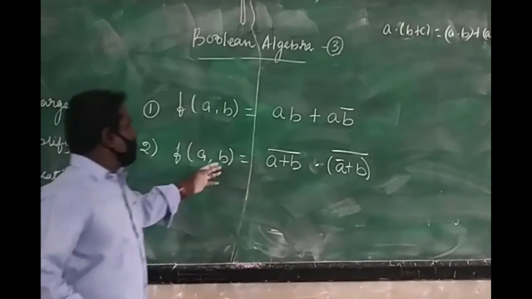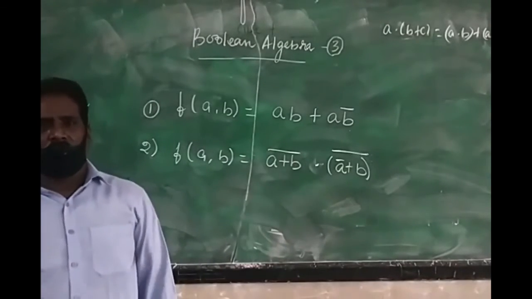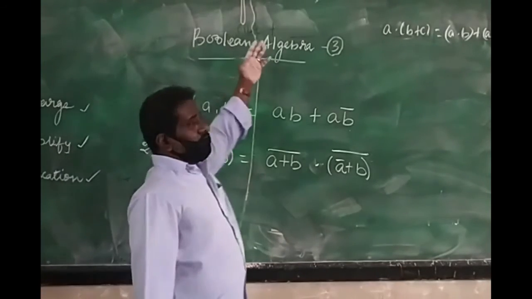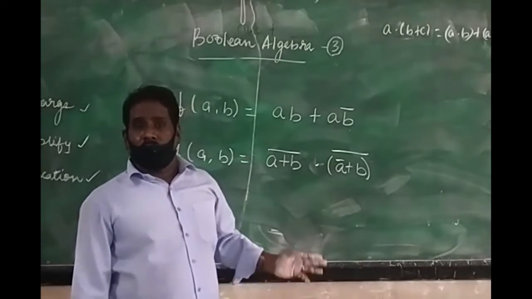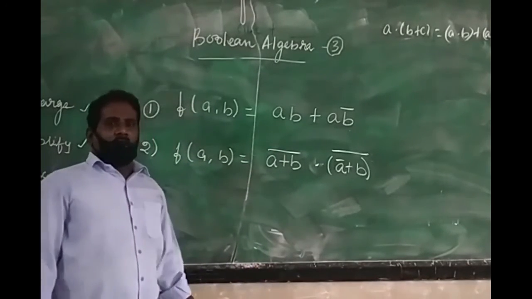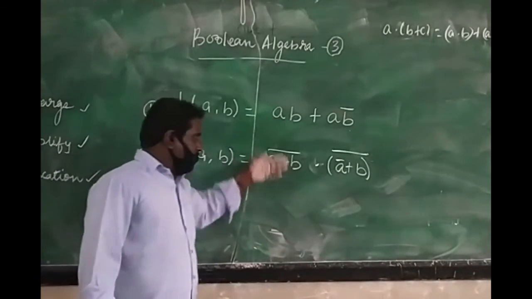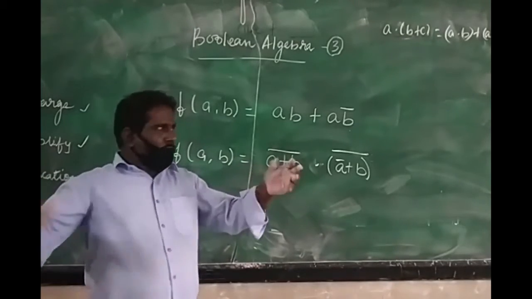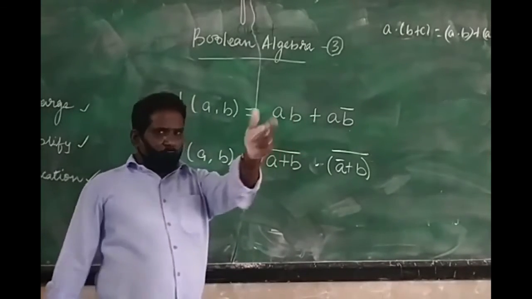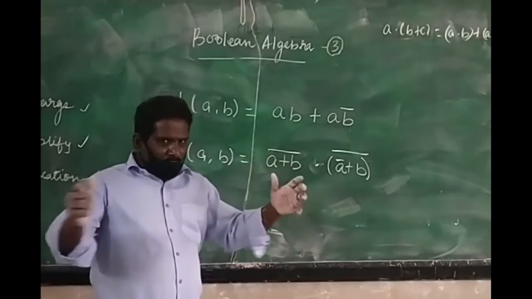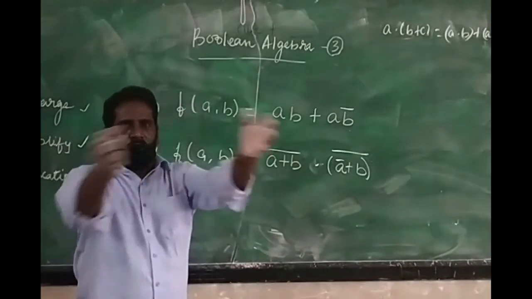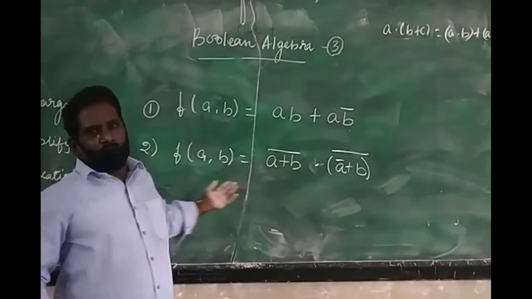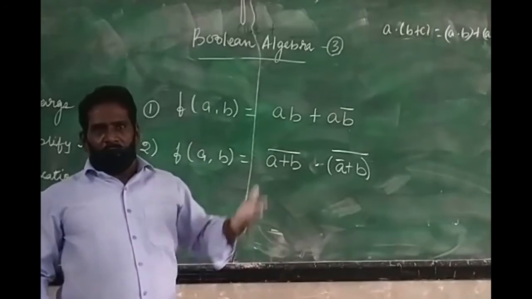How can we check whether these two functions are equal? We can check through Boolean theorems and rules. Either you enlarge fully, so that each comes into one form, and then check whether the resultant values are equal. If equal, we can say both functions are equal, otherwise not.